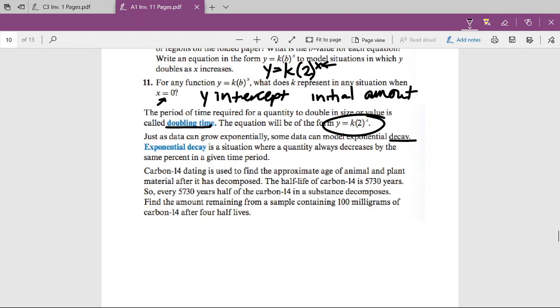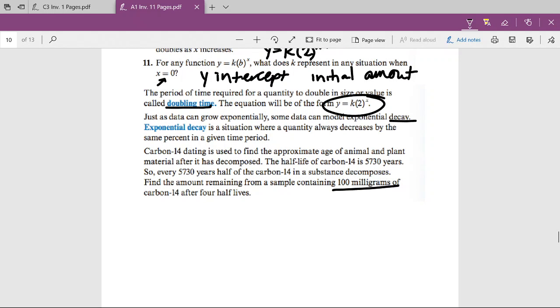The half-life of carbon-14 is 5,730 years, which means that for every time 5,730 years go by, I have half of the amount of carbon that I started with. So we're going to find, if we started with 100 milligrams of carbon, what is the amount that's left after 4 half-lives?